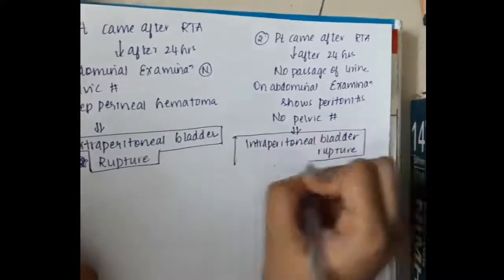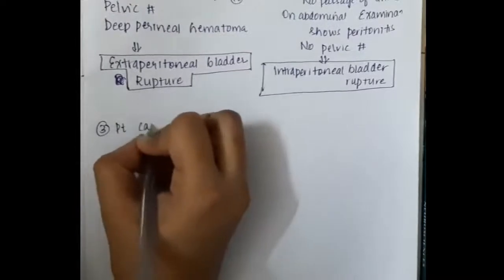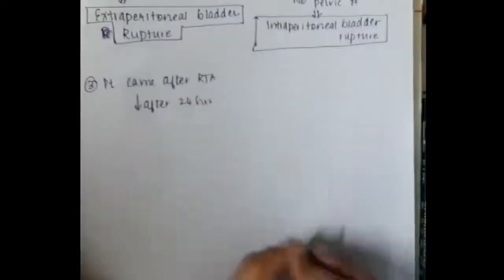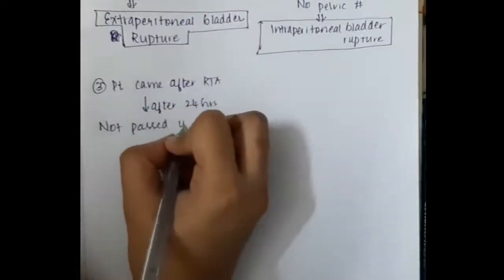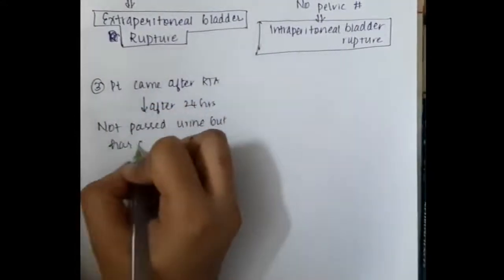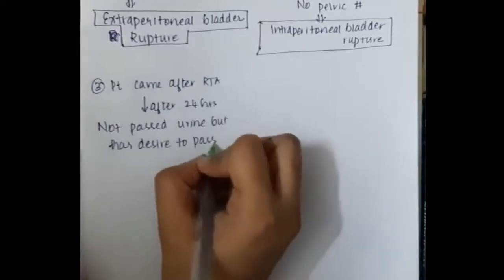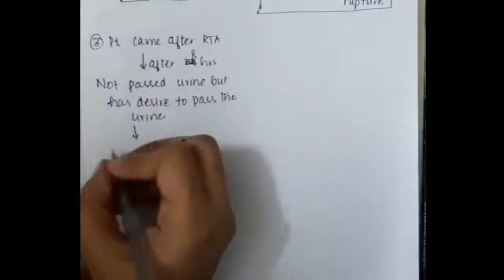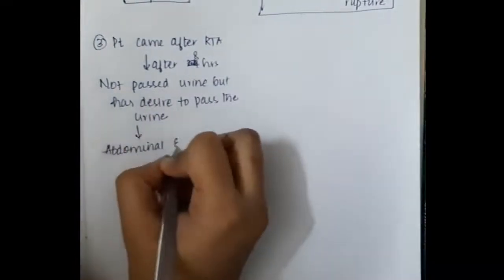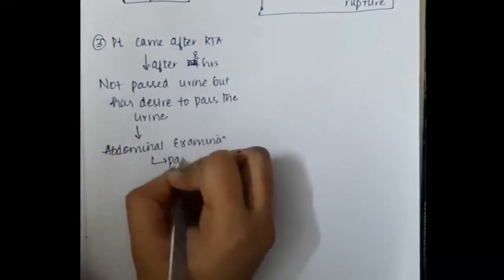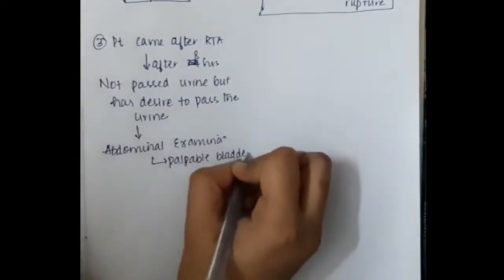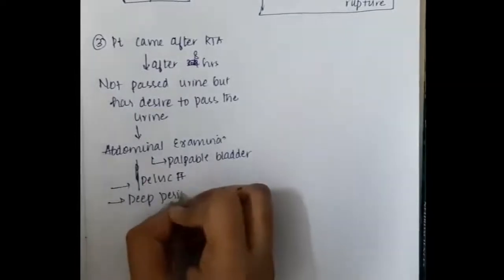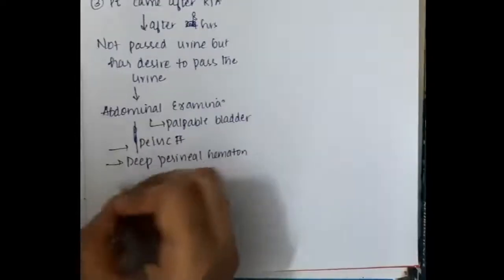Now we have the third scenario: a patient came after a road traffic accident after 8 hours. This is only 8 hours and he is not passing urine, but he has the desire to pass urine, and on abdominal examination you have seen that a palpable bladder is present, and a deep perineal hematoma is present along with pelvic fracture.